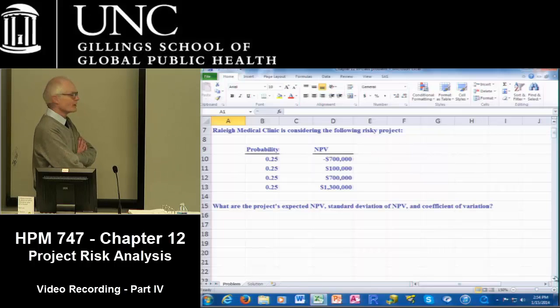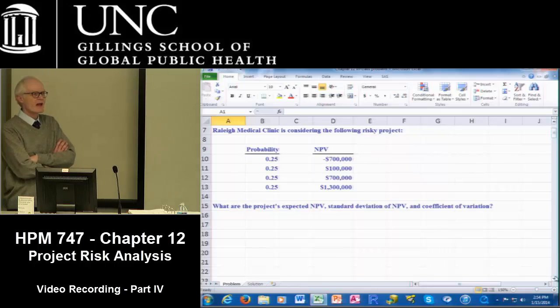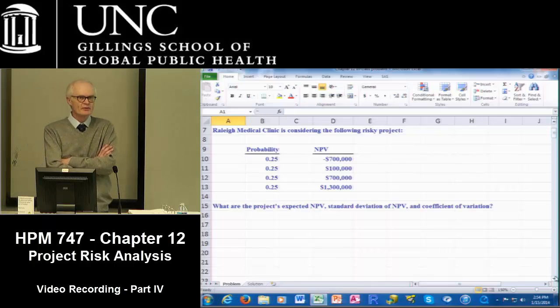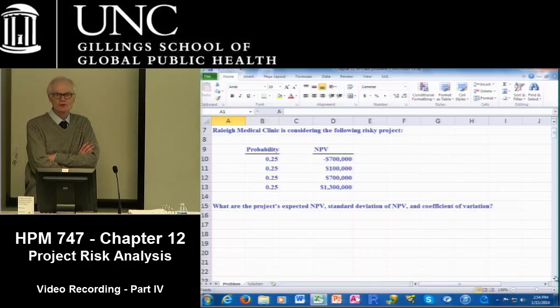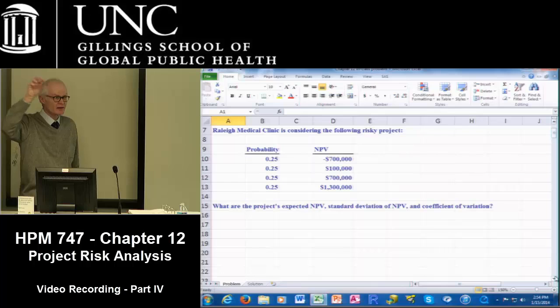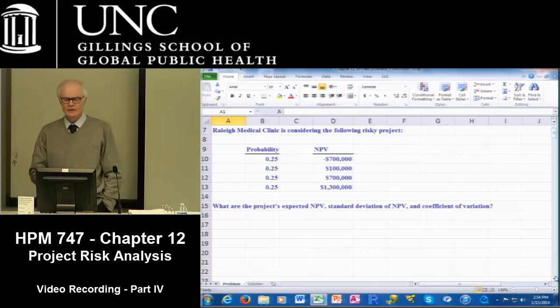Notice that the probabilities are all the same. And I did that purposely because that means you can then use the STDEV function in Excel. You don't have to do them all manually. Remember, like you had to do in Chapter 4? You can use the standard deviation function in Excel.